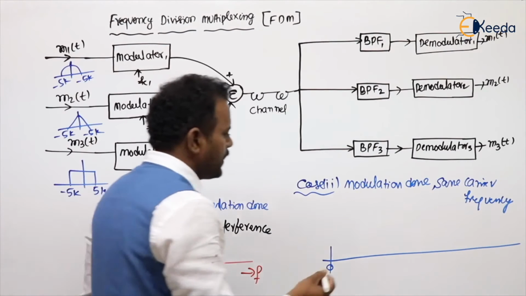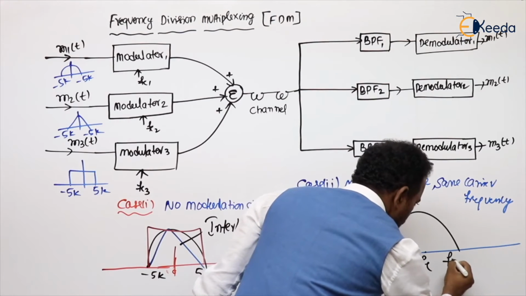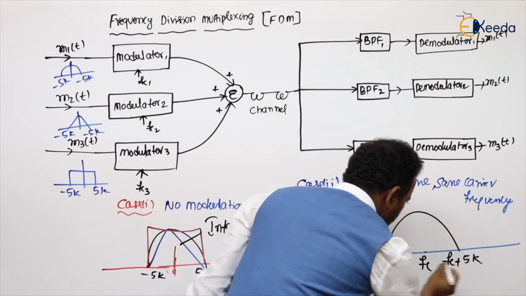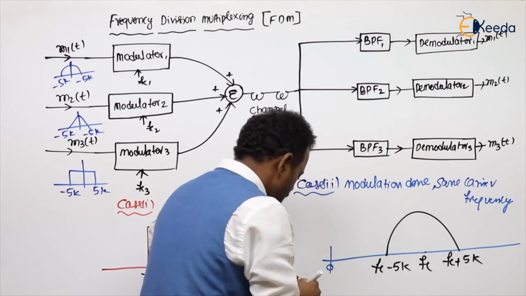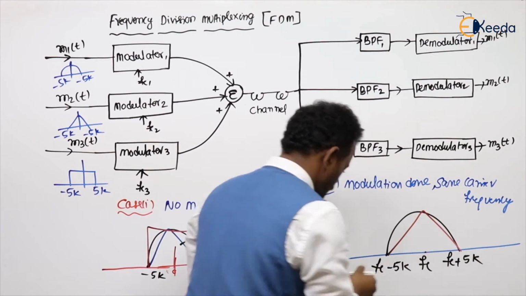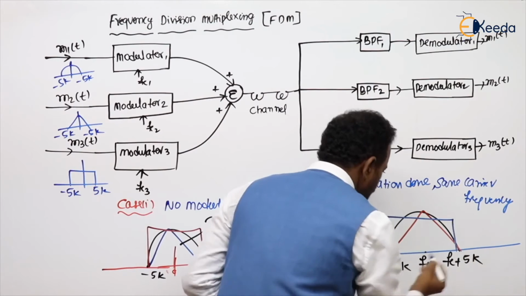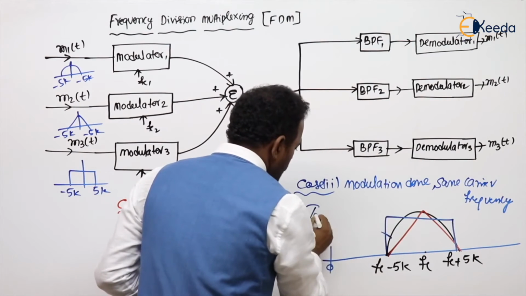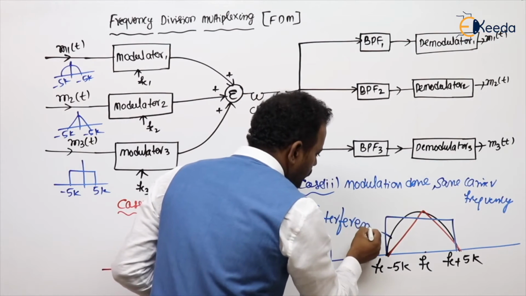So the first one is shifted to FC. All have the same carrier frequency. FC plus 5K, FC minus 5K. Where is the second one, sir? The second one is also in the same range. For the third one also we are using the same carrier frequency. Means still here also we have a problem of interference.